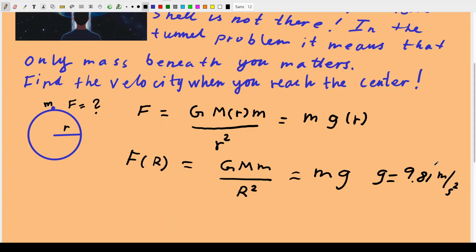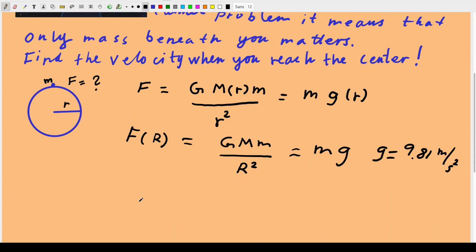All right. So we need to find out something here. If we continue, M equals density times the volume of the Earth.